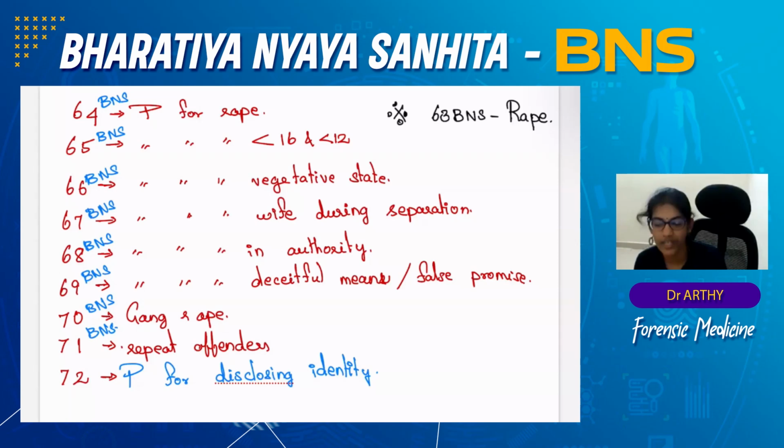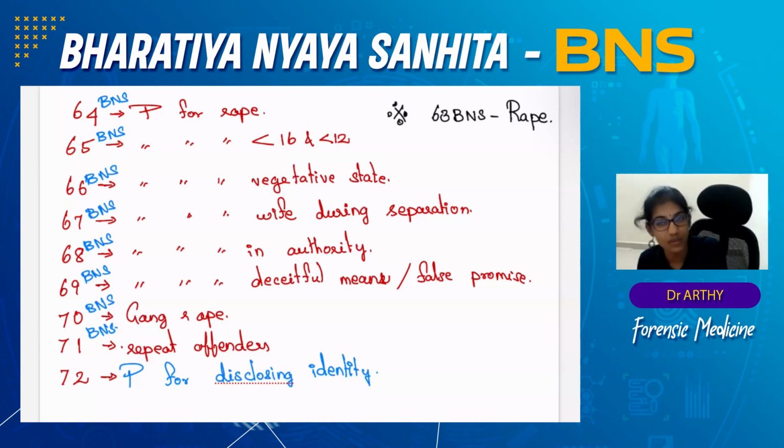When we say 64, 65 and all, even in gang rape, they divide it again. You can read through the intricacies of it, but in 64, in general, they will take it as rape. Now when you take 64-2, they will start talking about aggravated sexual offense.